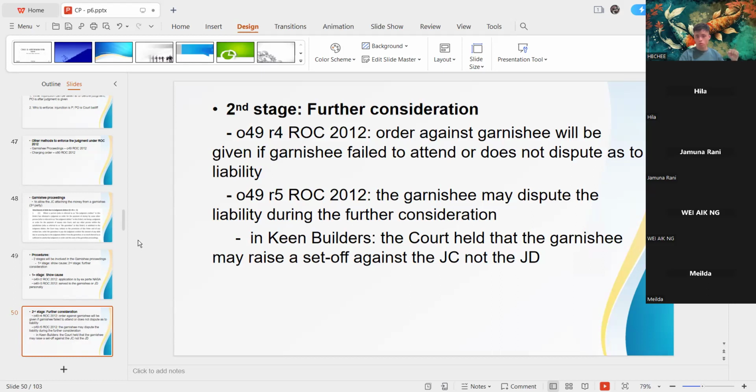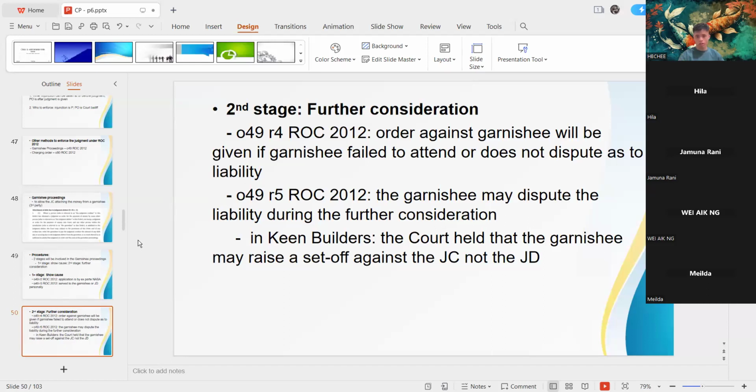And also, as given in Rule 5, the garnishee can dispute the liability during the stage of the further consideration. So who can he dispute with? This is shown in the case of Kin Builder.